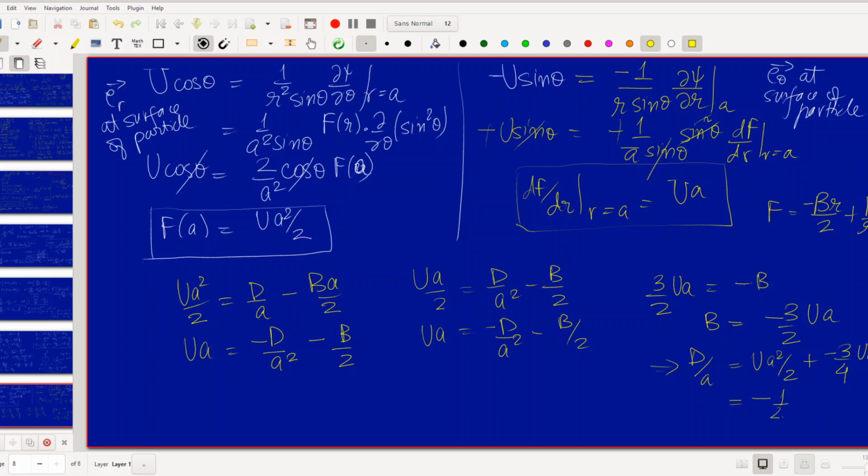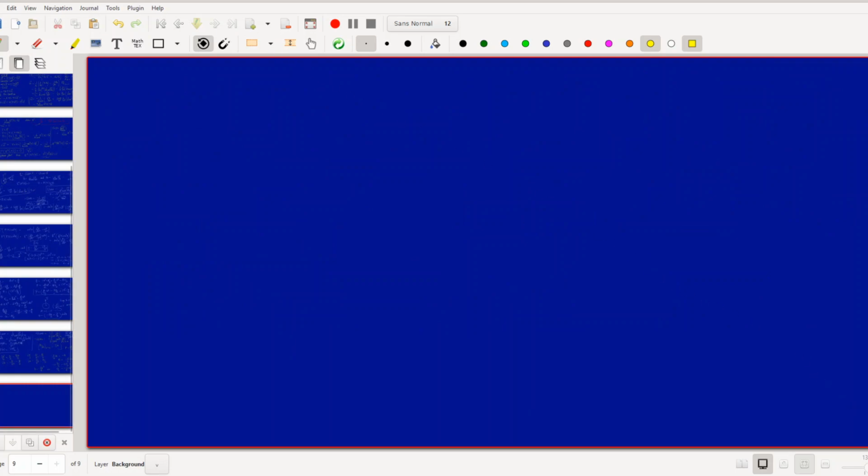Minus 1 upon 4 u a square, right? So d upon a is this. So this implies that d is minus u a cube by 4. So I'm hoping if you catch any algebraic mistake, you will let me know.